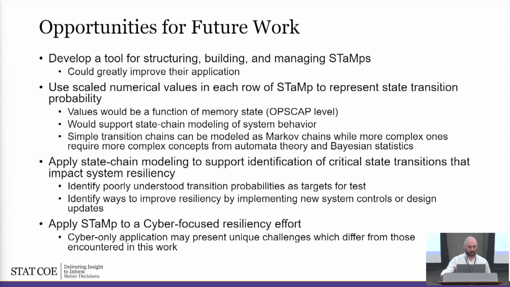But applying that kind of modeling would help identify in a more rigorous way what your critical state transitions are that impact resilience, and should really be targets for tests to better understand them and for controls to limit the ability of getting into those bad states.